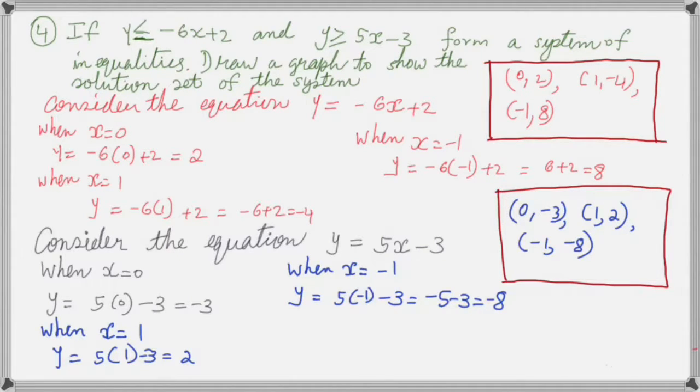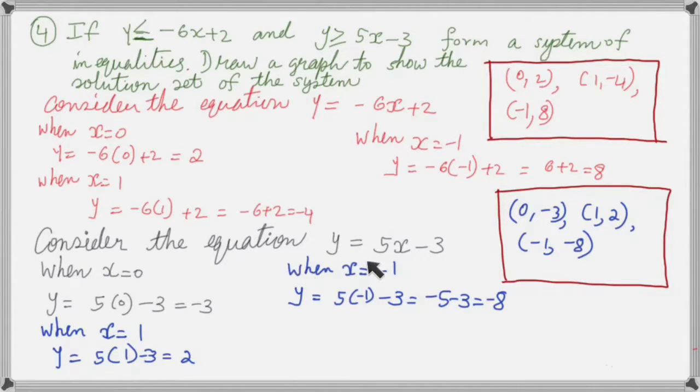So you got 3 points: 1, 2, 3. You got 3 coordinates of x and y, and you can plot these on a graph to get a straight line which denotes this equation, okay?